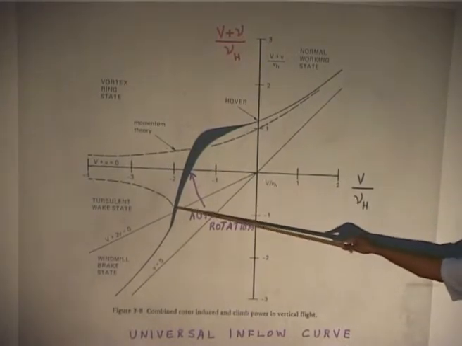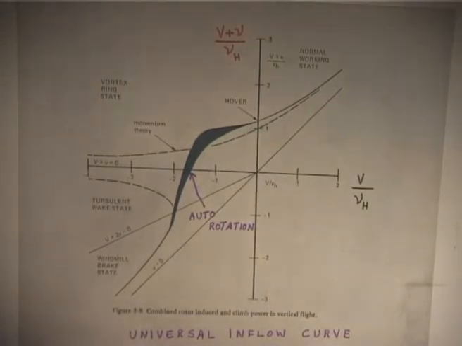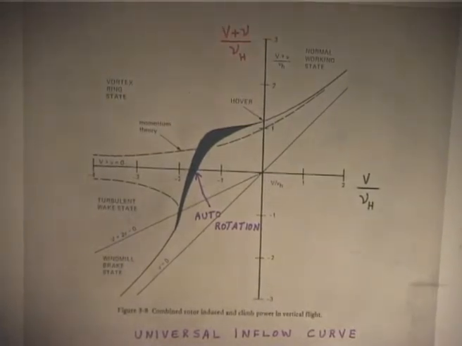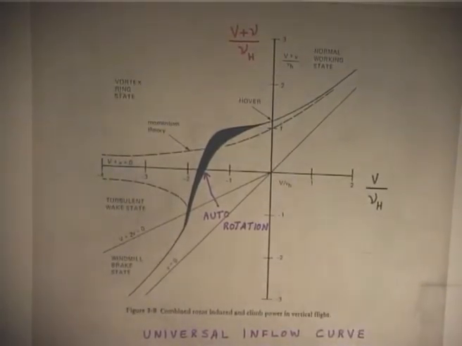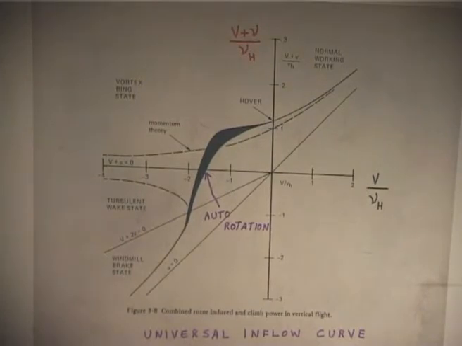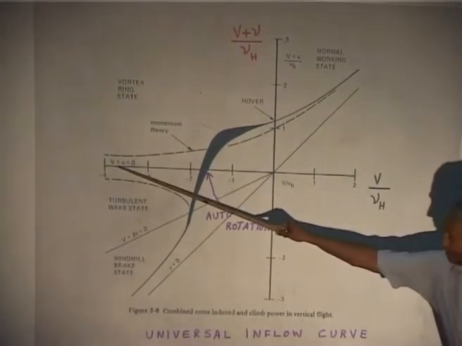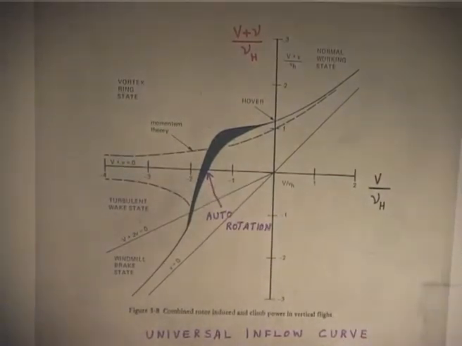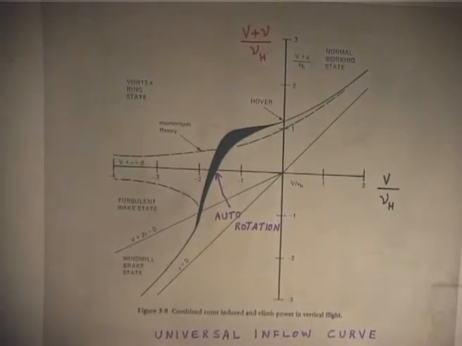You just draw like a line simply, and that equation is what you use for the auto rotation curve, because you do not fly here, because windmill brake state you do not want to go there to generate power. Actually, you are more interested only here, V plus nu 0, that means the flow at the rotor disc, total flow, is 0, that is what my auto rotation is.